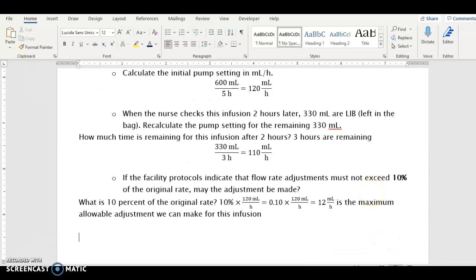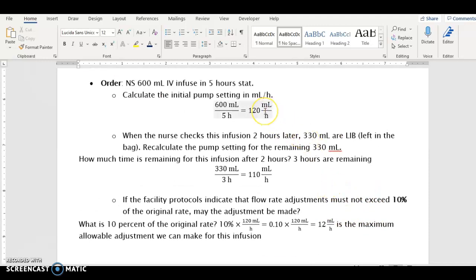Like we did with the previous example, what was the difference between the original setting and the new setting? The difference between the original setting and the new setting is 120 minus 110.